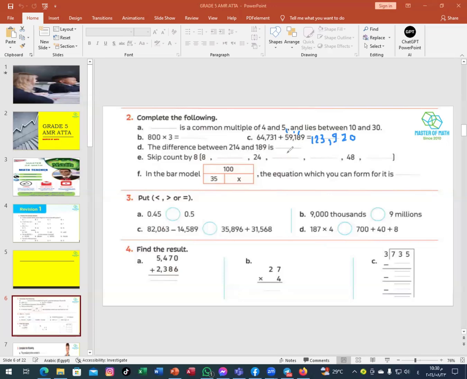189: difference means subtracting. So I will subtract the smallest number from the largest number, or subtract 189 from 214, okay? Just like that. Minus.